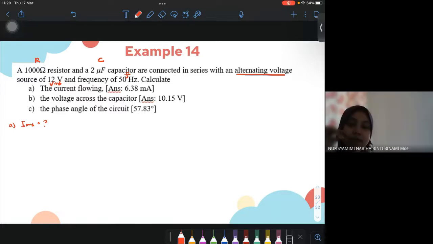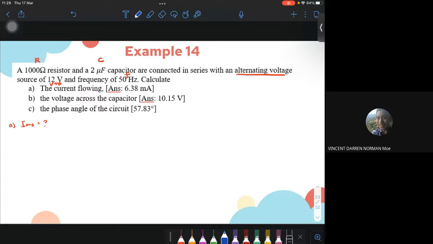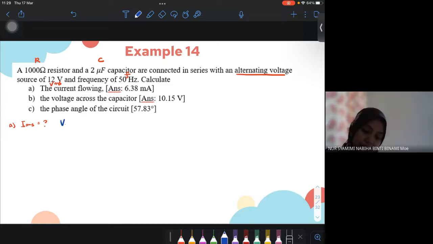Find Z. Okay, apa dia find Z? Why we need to find Z? Kenapa kita kena cari Z? Okay, so VRMS equals to IRMS Z. So IRMS is equals to VRMS over Z. So how you want to find Z?